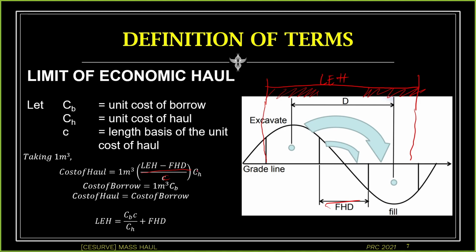While the cost of borrow is just 1 cubic meter multiplied by the unit cost of borrow. It is assumed that the two are equal at some point. So LEH is equal to C sub B multiplied by C divided by C sub H, plus FHD.